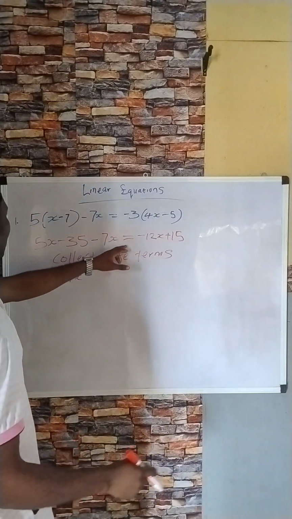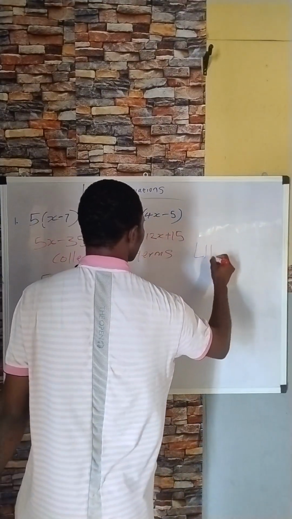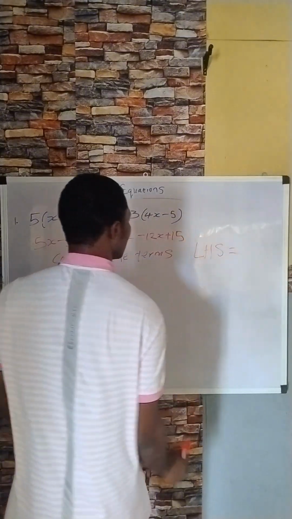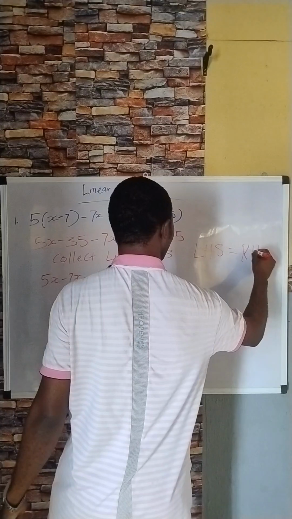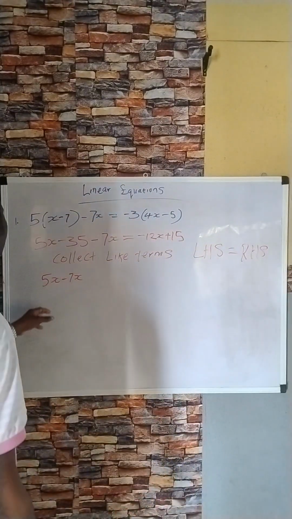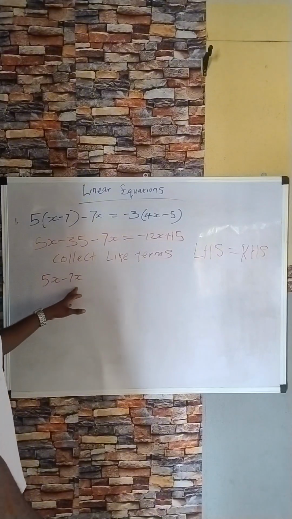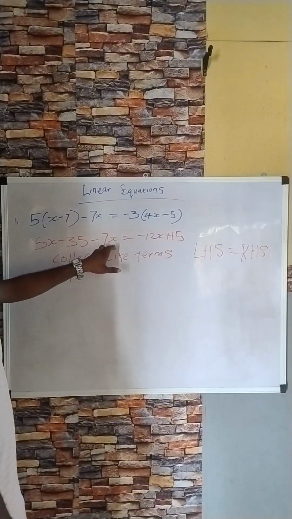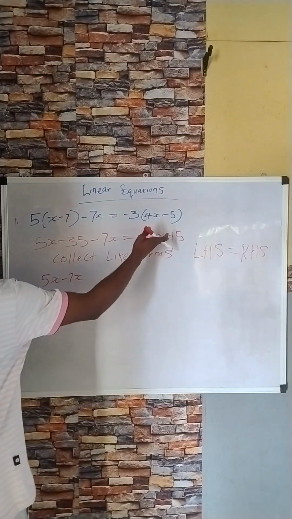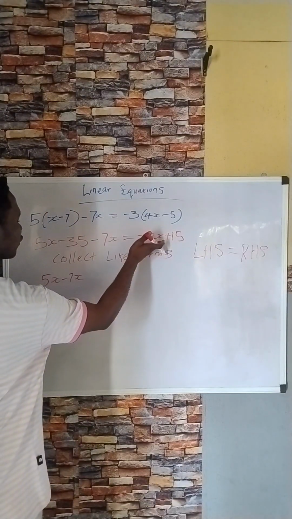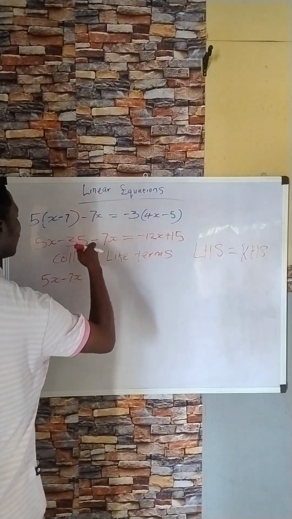Take note of this: this side of the equality sign is the left hand side, and this other side is the right hand side. So we have 5x and negative 7x as like terms, having the unknown x with them at this side of the equation. And we have negative 12x as a like term on the right hand side of the equation. Let's move it over to this side.